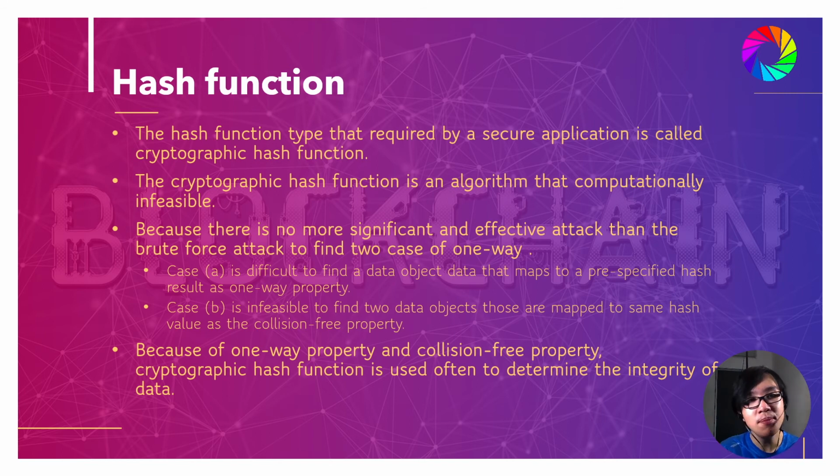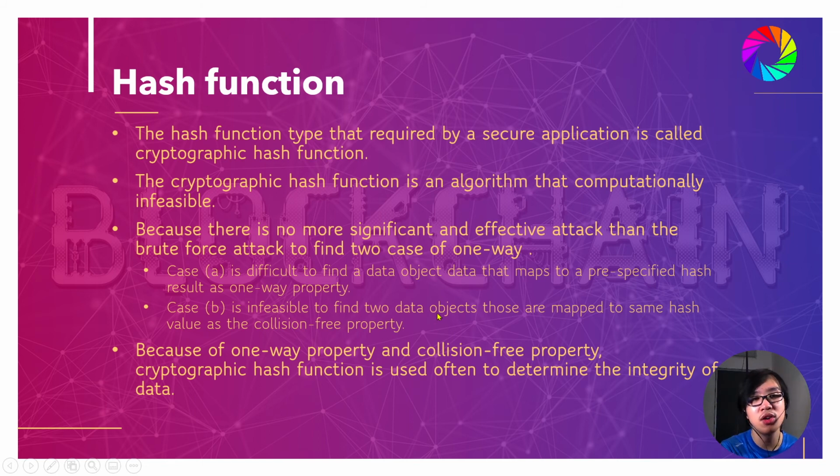So for example, the case A is difficult, so the condition we set is like this. Case A is that it is difficult to find the data object that maps to a pre-specified hash result, as the one-way property. And case B is that it is infeasible to find two data objects that are mapped to the same hash value, as the collision-free property.